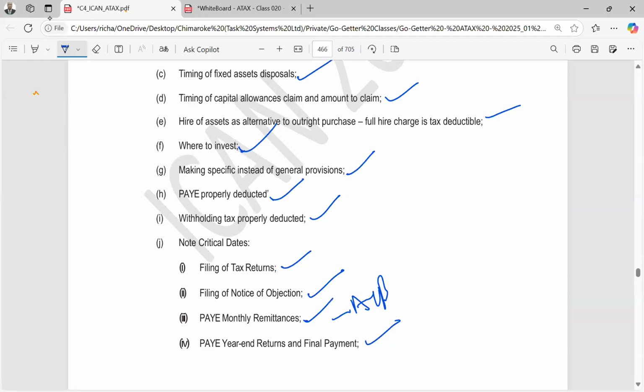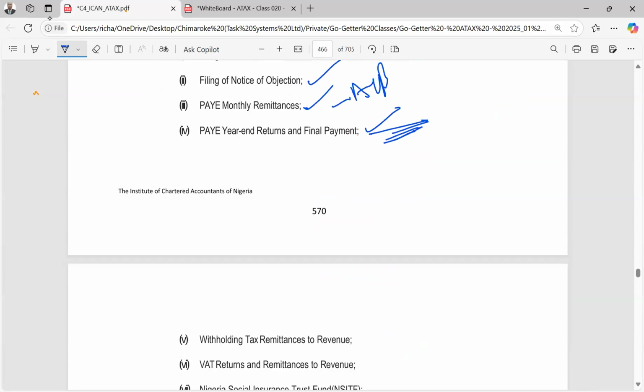When it gets to November, that of October is paid in November, and that of November is paid in December. When is that of December paid? In January. That's why Lagos State will tell you January 31st, you need to file your end of year returns and make the final payment at the end of January.